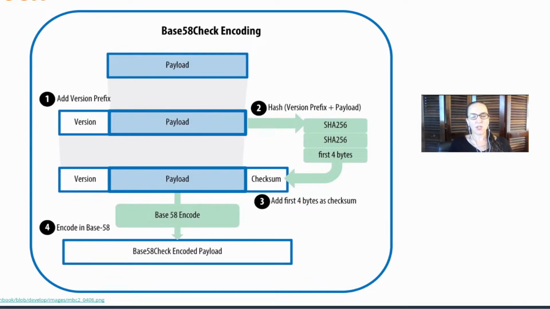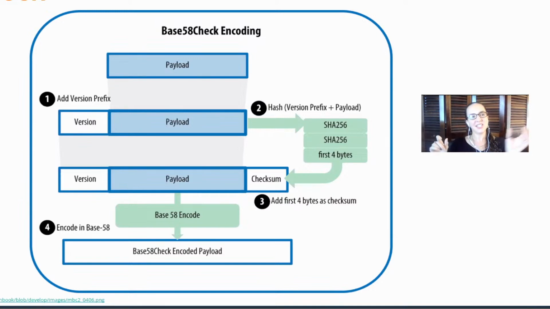So the idea is once I type that whole address in, whatever program is receiving that data is going to know to check and make sure this is valid. It takes those last 4 bytes as the checksum. It takes the rest of it and runs it through this double hash, and checks the first 4 bytes against the checksum received off the address, which is those 4 bytes right at the end of that address.